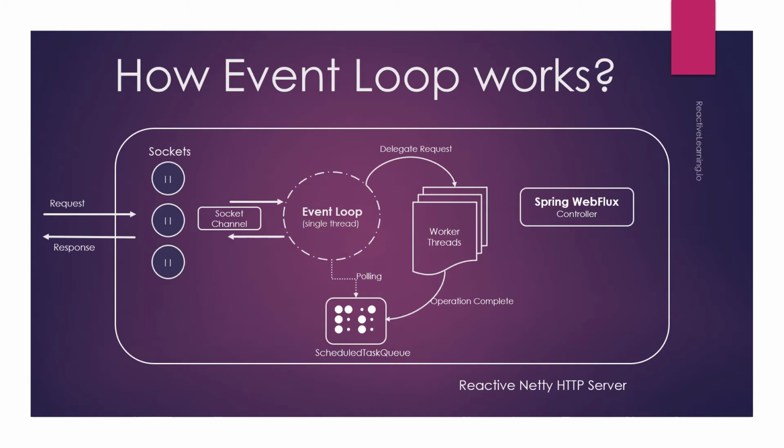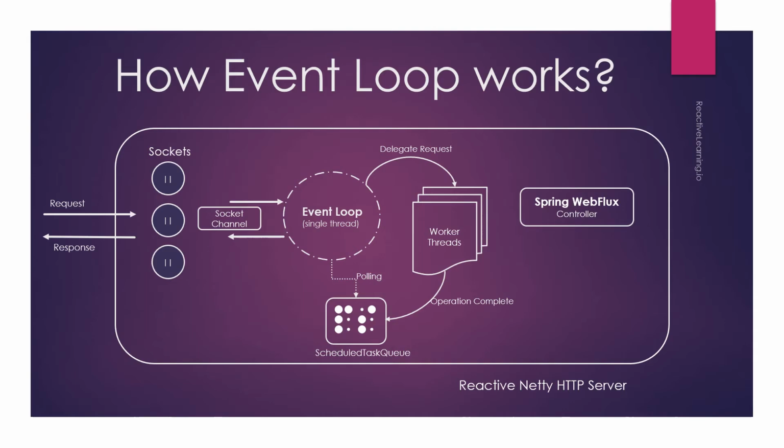Event loop keeps polling the scheduler task queue, and as soon as it gets a task from it, it hands back the response to the same socket. And there could be 4 to 5 event loop threads in a reactive server based on the CPU cores. Event loops keep running forever, accept the request, and then delegate it to a worker thread whenever there is a new request, and the cycle goes on.